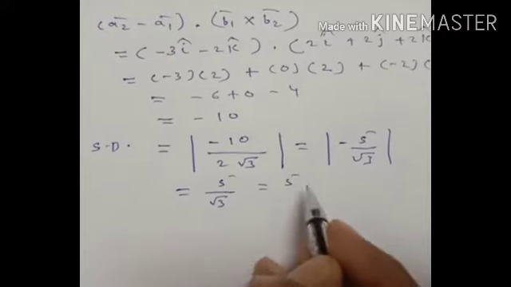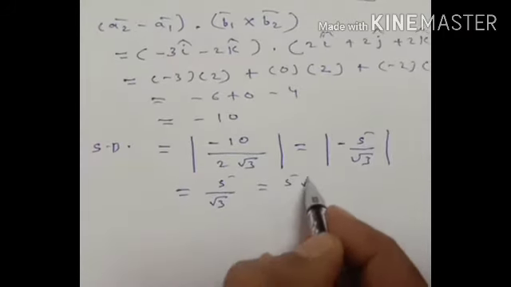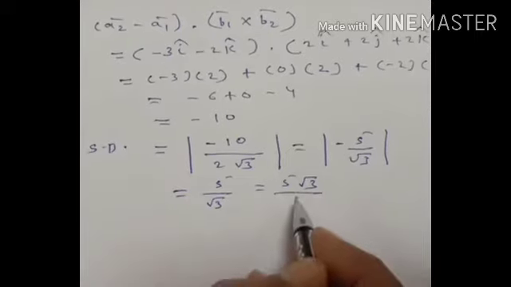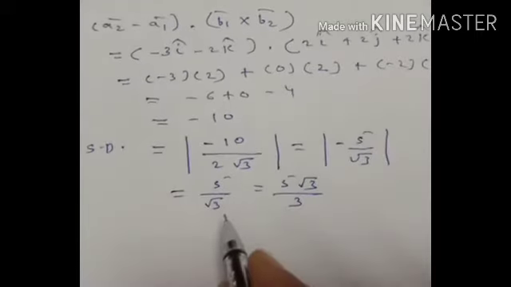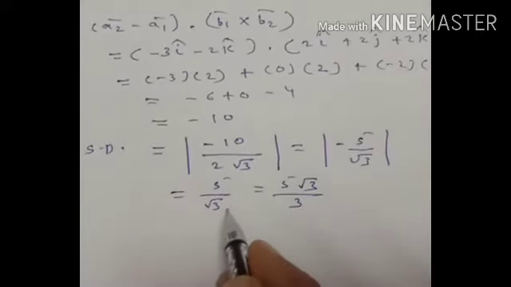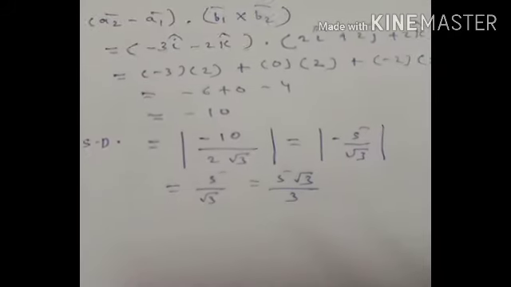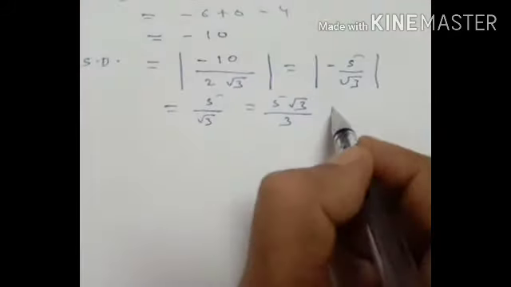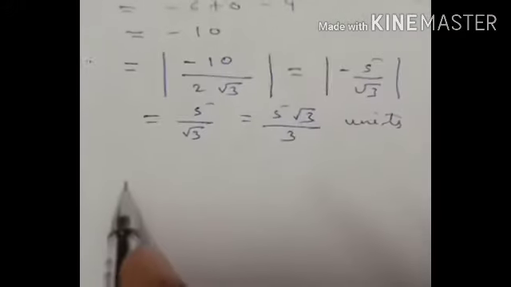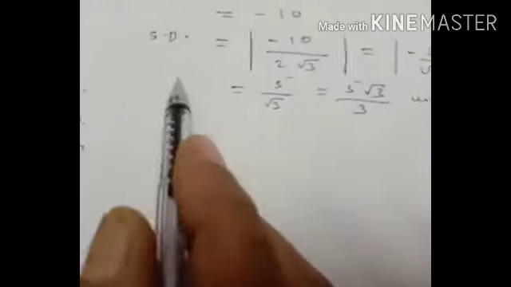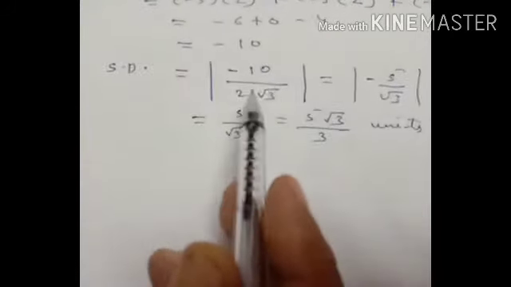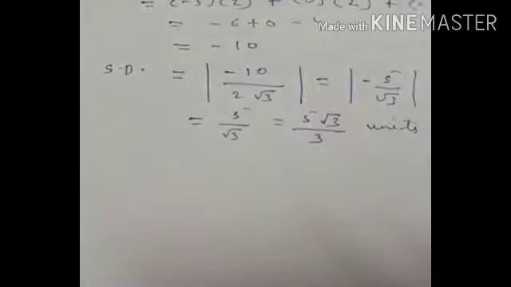Or we may eliminate the radical sign from the denominator. Multiply numerator and denominator both by root 3. In the denominator, root 3 into root 3 becomes 3. This is a distance, so it is expressed in units. The shortest distance is positive, that's why we have written it in the mod sign.